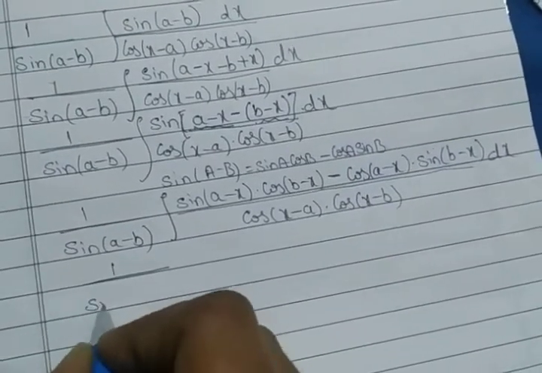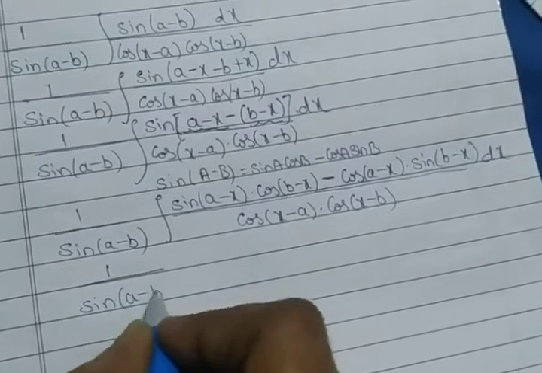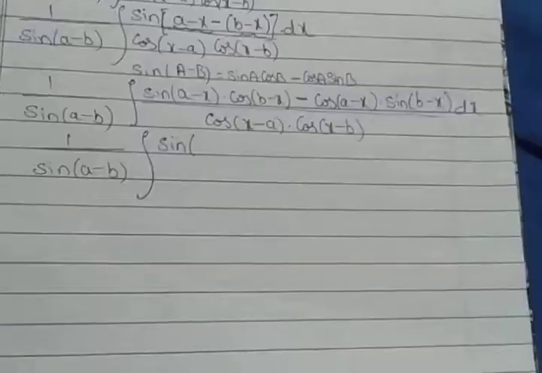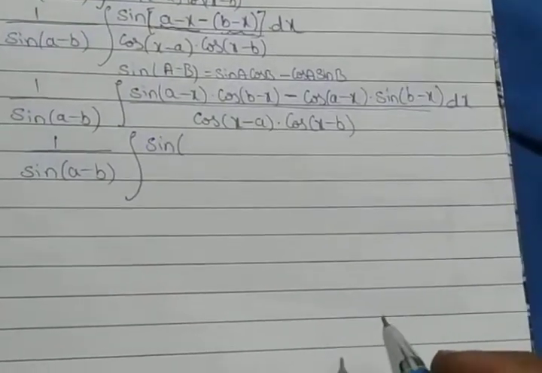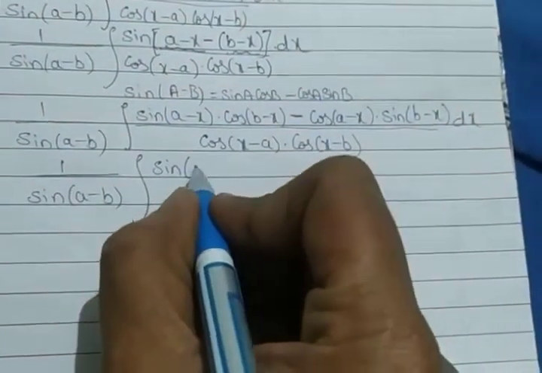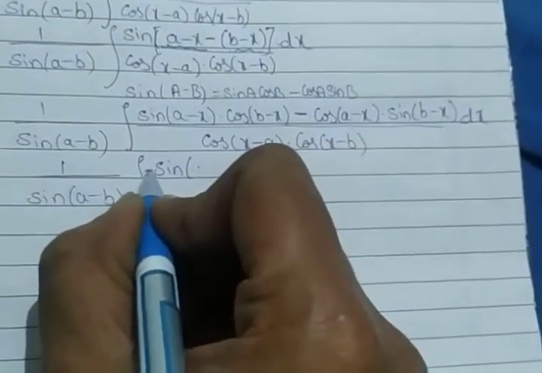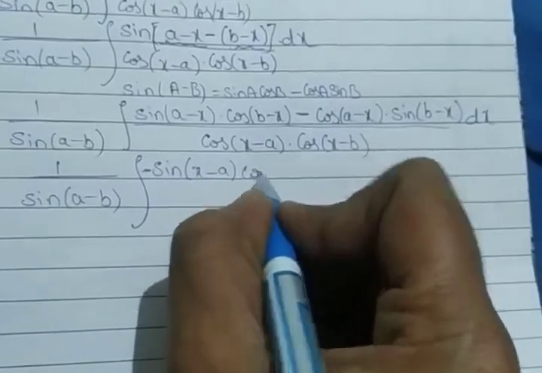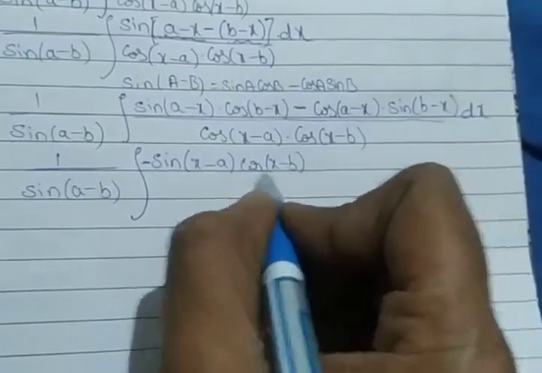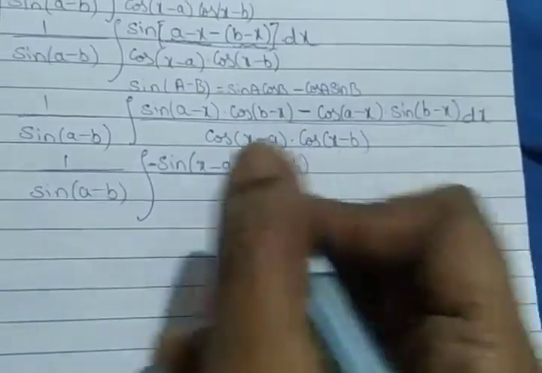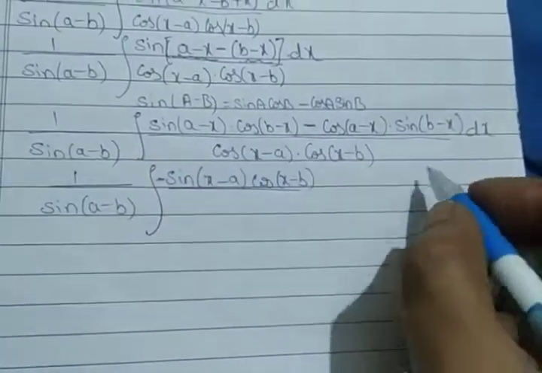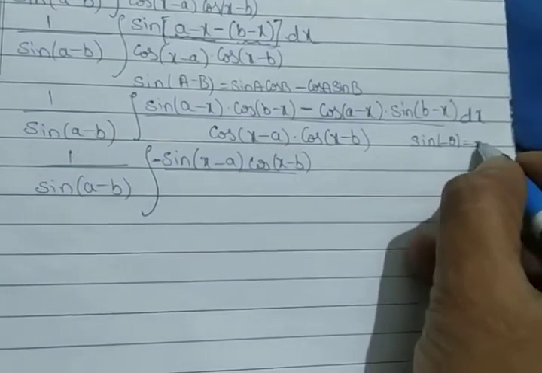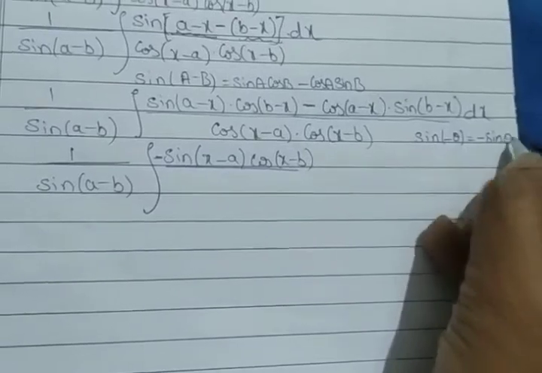1 by sin a minus b, split the denominator. Sin a minus x can be written as minus sin of x minus a, using the condition sin of minus theta is equal to minus sin theta.